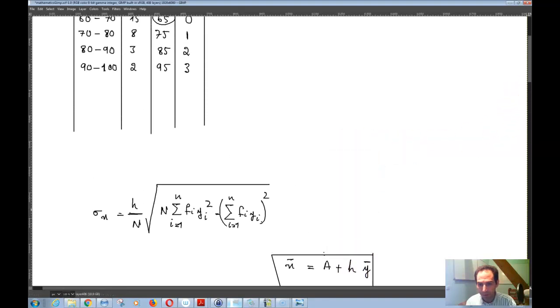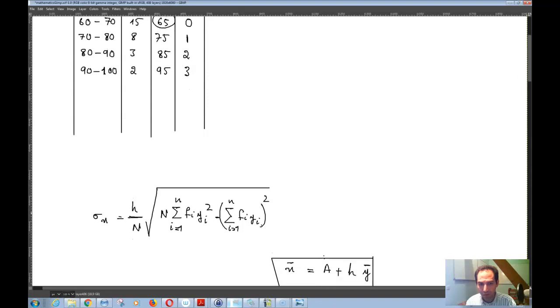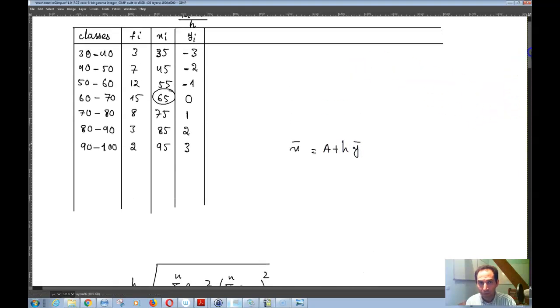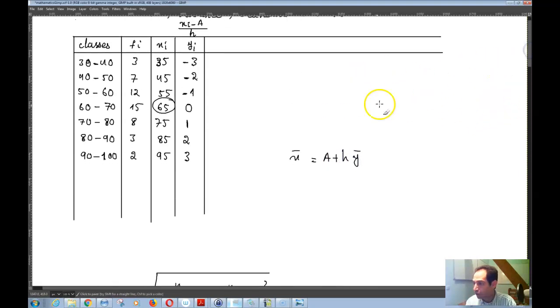So x bar is equal to a plus h times y bar. So I need to calculate y bar over here.